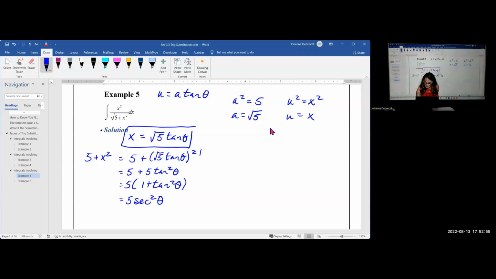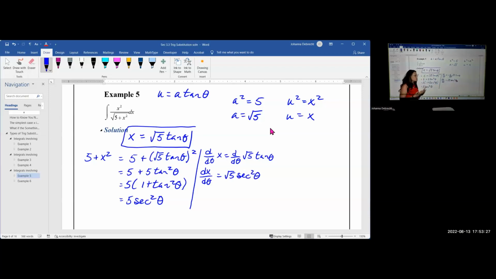Now I also have to use that expression for the basic substitution to find the differential. So I've got to replace the differential. So I take the derivative of both sides of that equation with respect to theta, and then I'm going to work out what dx is by abusing the notation and swinging the d theta over to the right side. So this gives me dx d theta on the left equal to square root of 5 secant squared of theta.